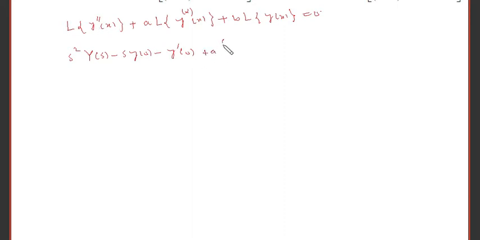And then a outside, and using the previous formula it becomes s to the power alpha capital Y of s minus summation from k equals 0 to n minus 1 of s to the power alpha minus k minus 1 times the kth derivative of y at the point 0, and then the last term b times capital Y of s is equal to 0.